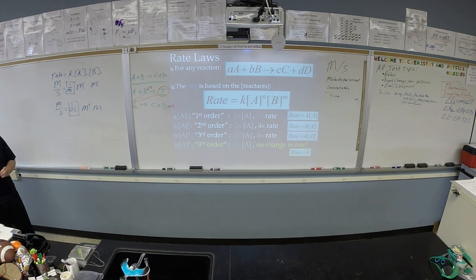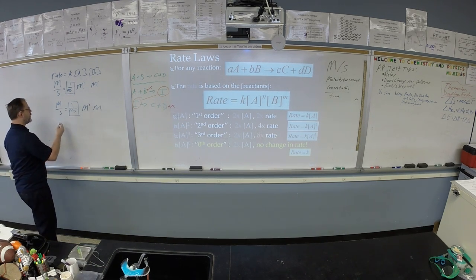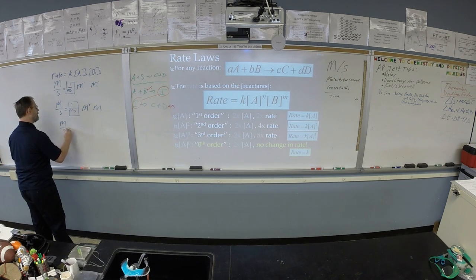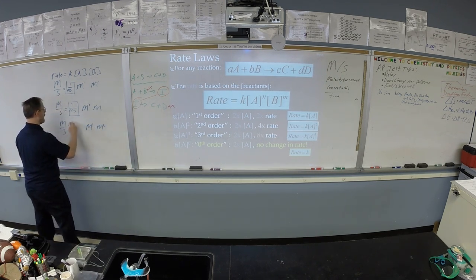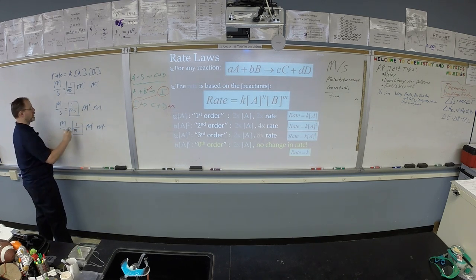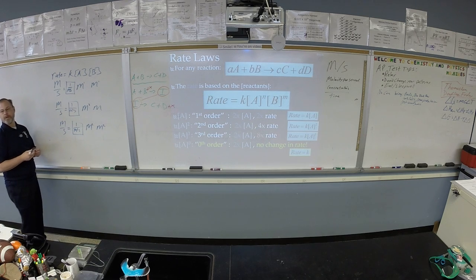So is it always the biggest exponent that you have? No. So let me show you what I mean. If you have molarity per second, and they're both second order, then this is 1 over molarity cubed seconds. The most important thing is the units have to cancel out, so the rate is always molarity per second.